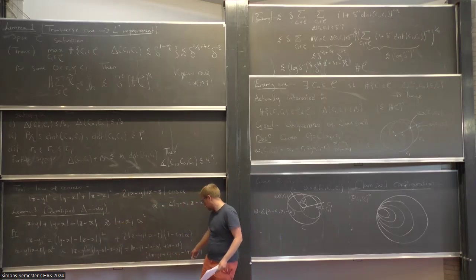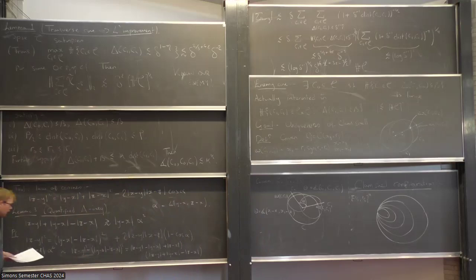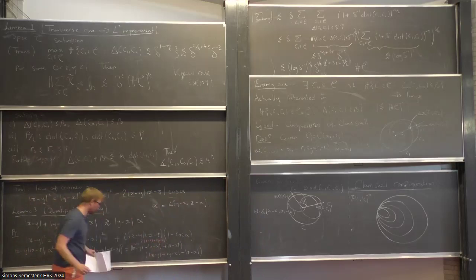And for this factor, we can use the triangle inequality to bound from above. In particular, we can bound z minus y by z minus x plus y minus x using the triangle inequality.